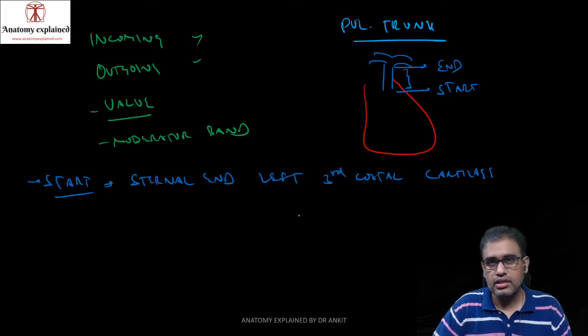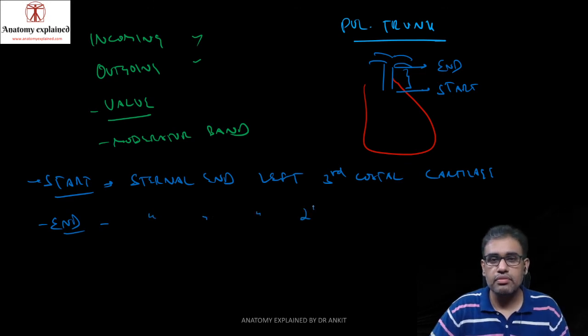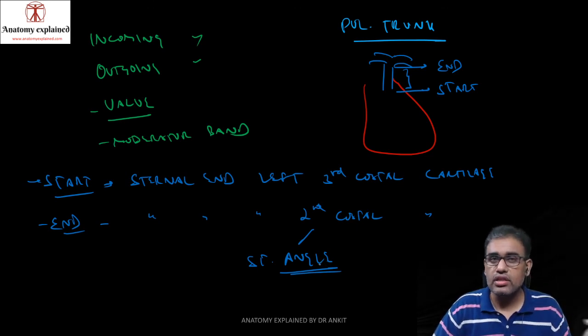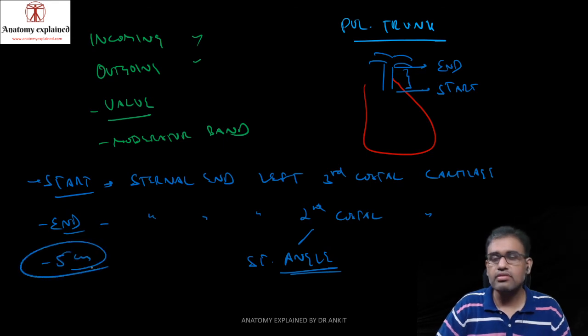Okay, so its surface marking starts behind the sternal end of the left third costal cartilage, and where does it end, meaning where does it divide into right and left pulmonary artery, is again the sternal end of the left second costal cartilage, that is around the sternal angle, the angle of Louis that we did in the thoracic cage part. So it is around 5 centimeters. This whole pulmonary trunk is around 5 centimeters in its length, and it divides into this part. Okay, there is a little bit of the pulmonary trunk also.